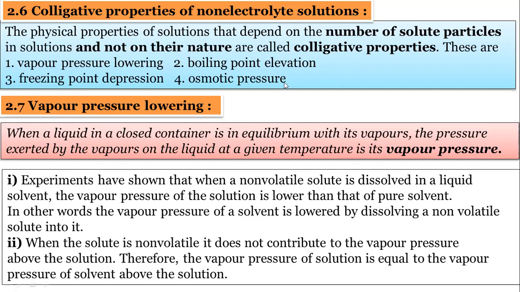So there are 4 colligative properties included in this chapter. Number 1 is vapor pressure lowering, also called lowering of vapor pressure. Number 2, boiling point elevation, where elevation indicates an increase in boiling point. Why does the boiling point increase? Then depression in freezing point: why does the freezing point decrease?